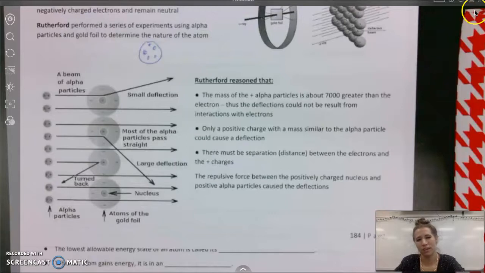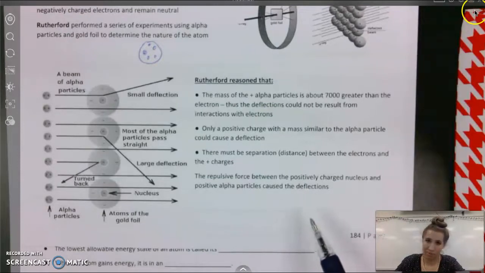Okay? It must be hitting something that is also positive and contains enough mass in order to deflect it back. That's where he developed this idea of the nucleus. The center of an atom containing most of the mass of that atom that is also positively charged.